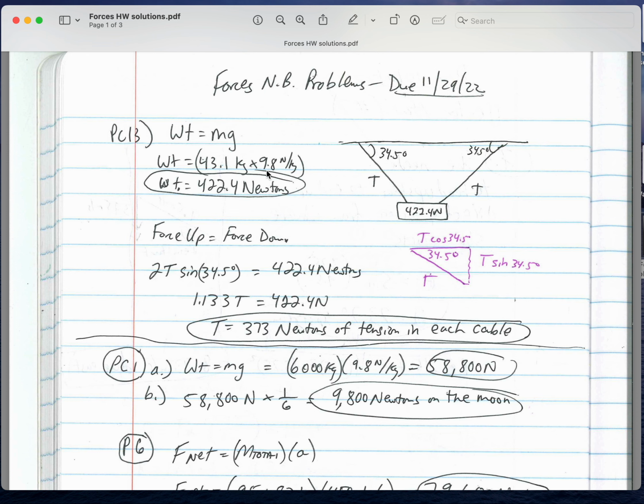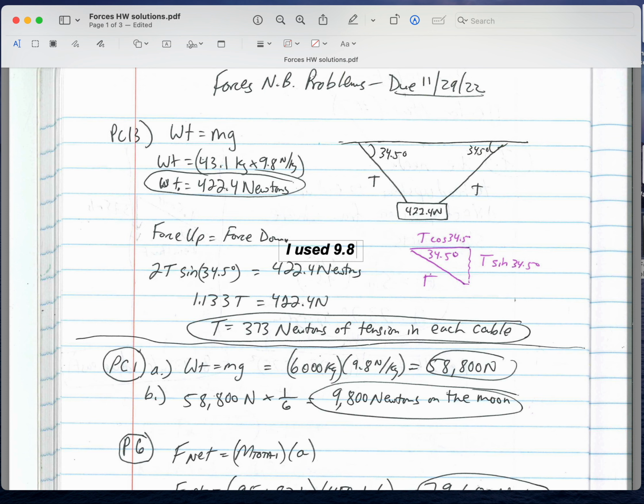So it said it was 43.1 kilograms. For all my problems, I used 9.8 newtons for g, for the gravitational constant. So I used 9.8 newtons per kilogram as g.